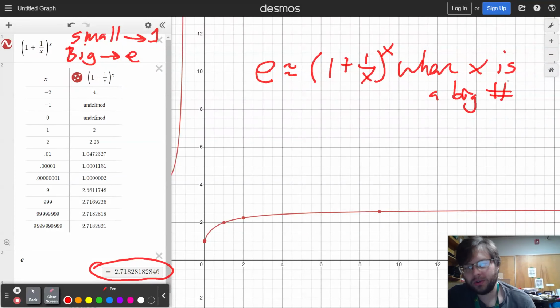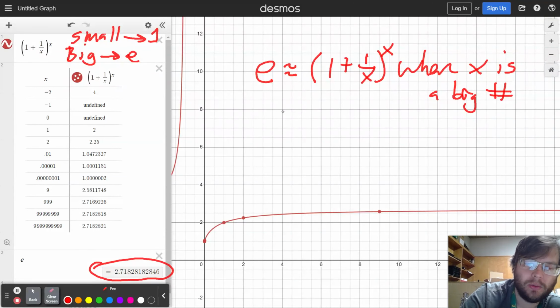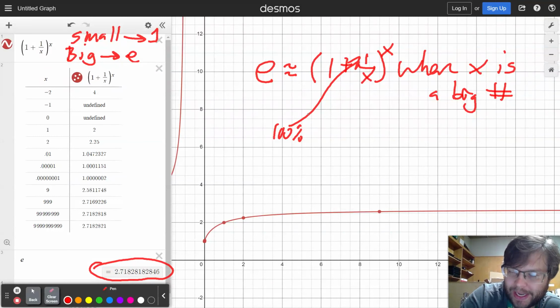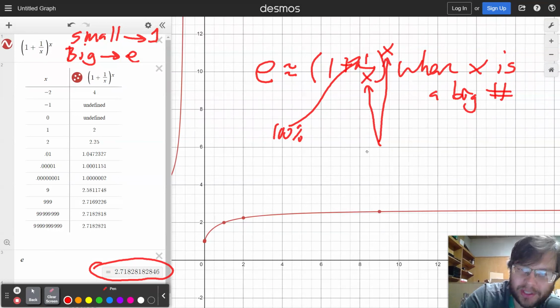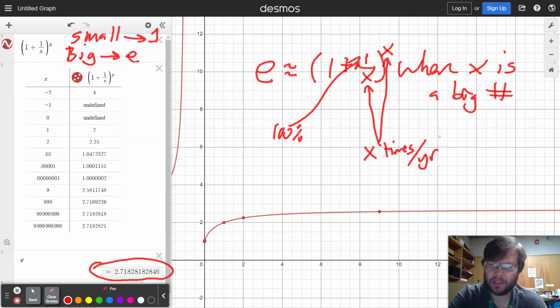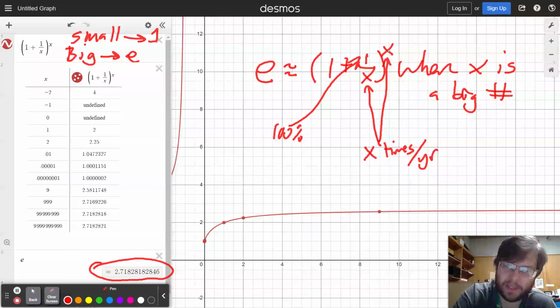I'll give you the very short version of the story here. Somebody asked the question, how much money will I have if I earn 100% interest, but instead of earning it one time a year, I earn that percent interest x times per year? And I want you to notice that x shows up twice in the equation. x shows up on the bottom, 1 over x, and it shows up on the top as an exponent.